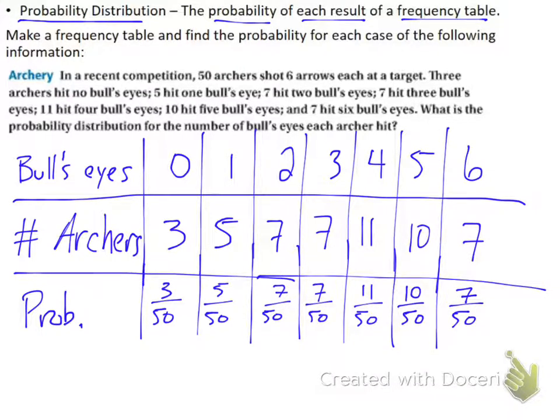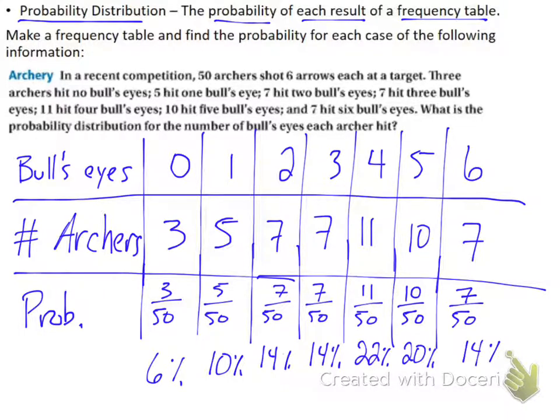And so for each of the percentages, I've got 6%, 10%, 14%, 14%, 22%, 20%, and 14%.